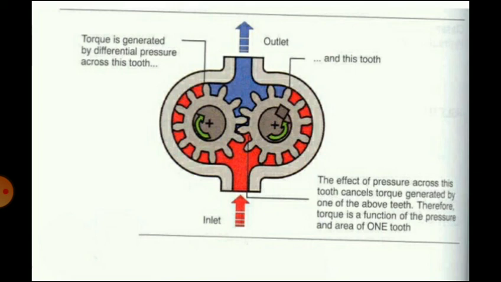So, due to that pressurized fluid, the gear rotates, and when the gear rotates, the shaft gets rotated, giving the rotary movement of the shaft. Gear type motor works on a principle reverse to that of a gear pump.